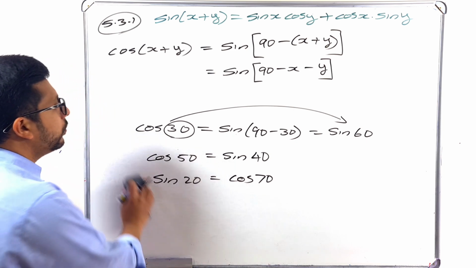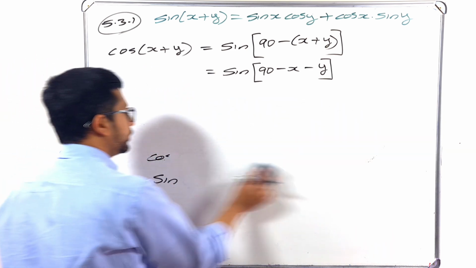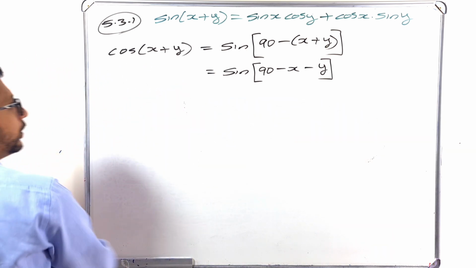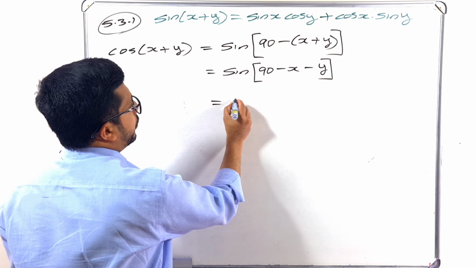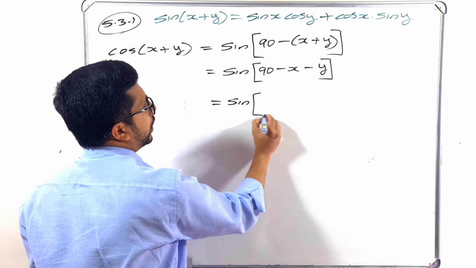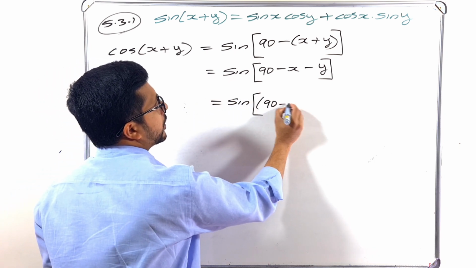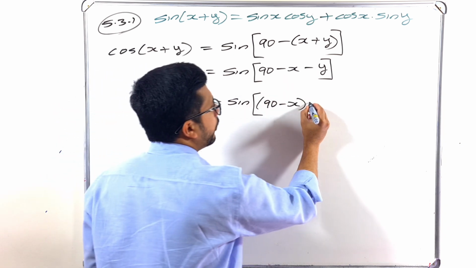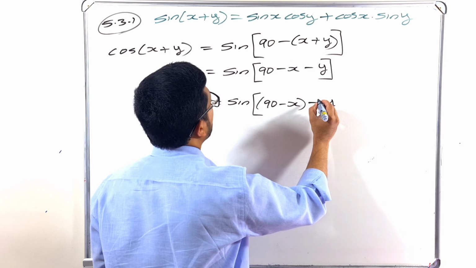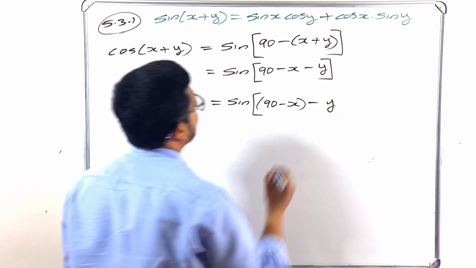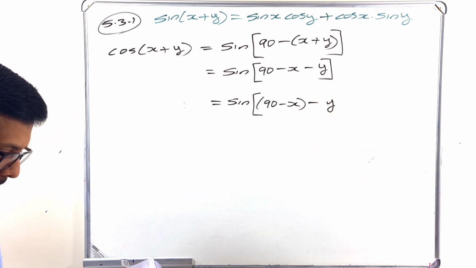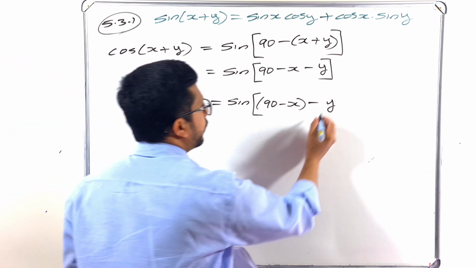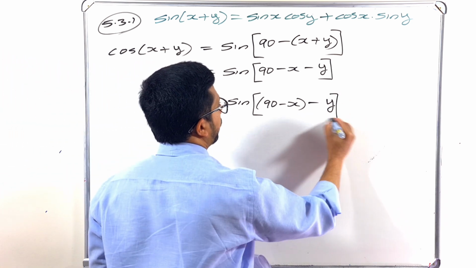Now look at what I'm going to do. In sine of this, the first two terms, 90 minus x, I'm going to consider as one term. Then minus y.